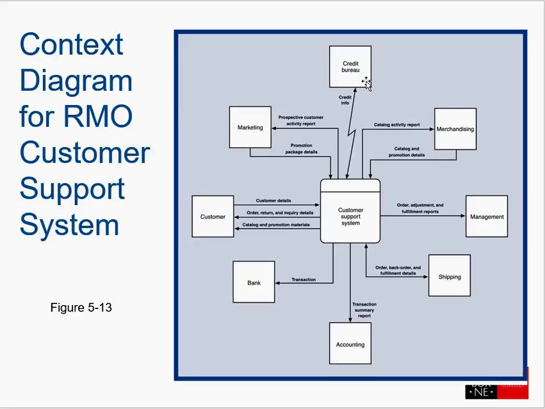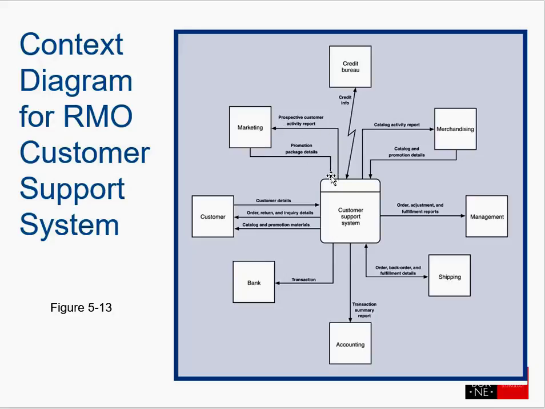In this example, how many external agents do we have? We have credit bureaus, merchandising department, management, shipping department, accounting department, bank, customers, and marketing. So basically there are 1, 2, 3, 4, 5, 6, 7, 8, 9 external agents associated with the subsystem, and each of these external agents is supplying some information and getting some information back from the system.